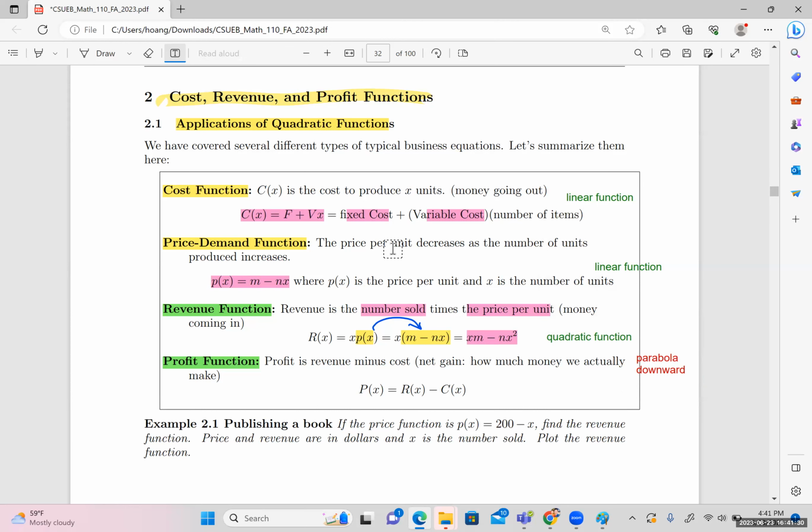And the last one is the profit function. As you know, profit will be revenue minus cost. So we will use the revenue function minus the cost function. Since the revenue function has an x squared term, it must stay as an x squared term in the profit function, and it makes a quadratic function.